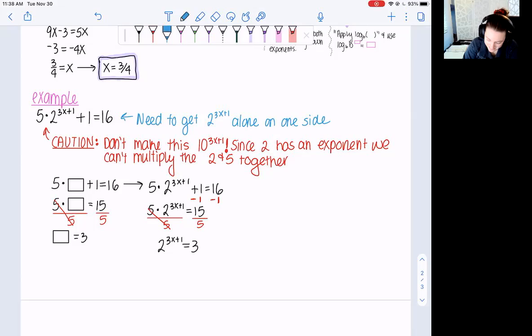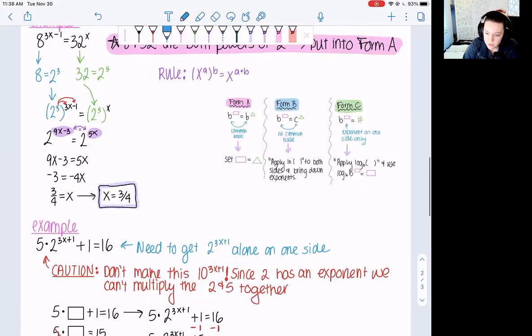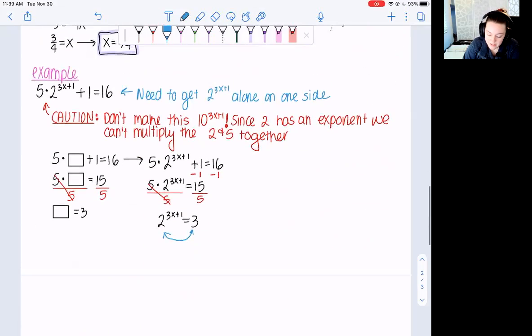Okay, excellent. So at this point, it's not going to be Form B, because Form B has exponents on both sides and no common base. It could be Form A if 2 and 3 were in the same common base family, but they're not.